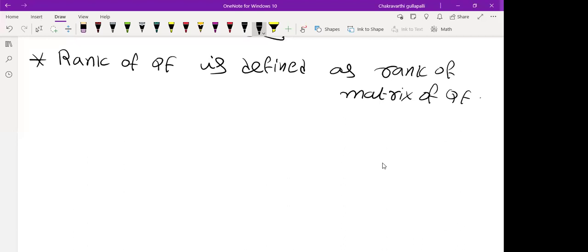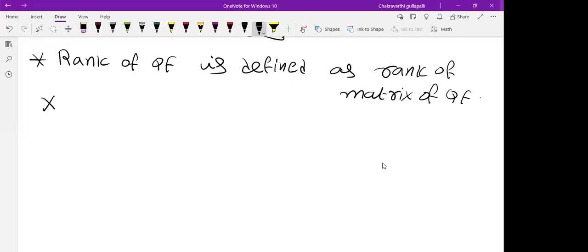Given any quadratic form, we have seen how to get the matrix. How do you get the rank of the matrix? Reduce it to echelon form, and then you get the rank of the matrix. That rank is defined as the rank of the quadratic form.